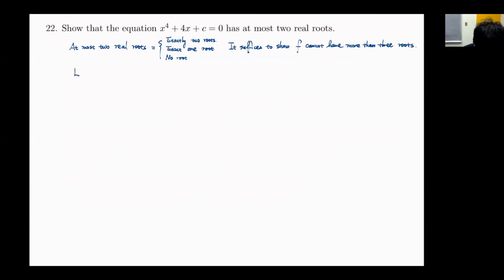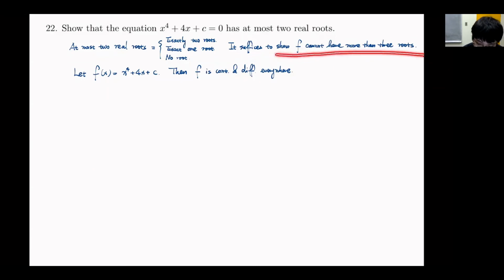Well, this argument will be similar. First, let f of x be the left-hand side, x to the 4th plus 4x plus c. This will be the function. Then, because this is a polynomial function, f is continuous and differentiable everywhere. Now we want to show that f cannot have more than 3 roots.